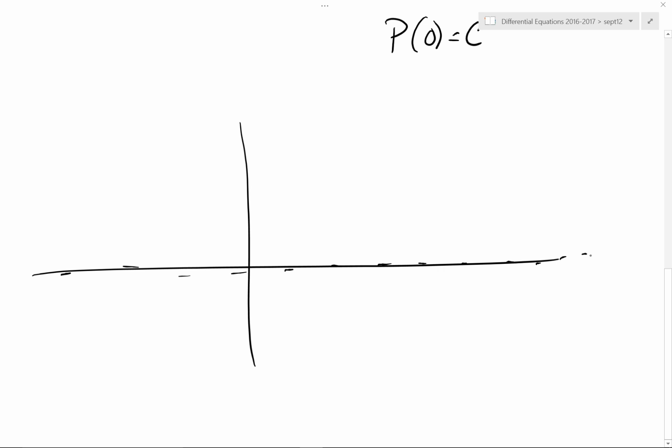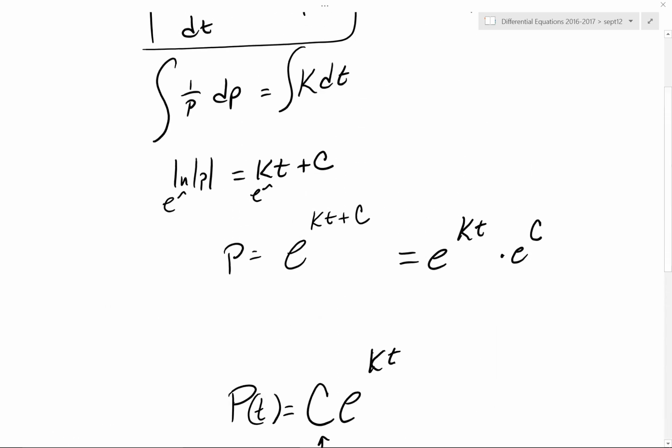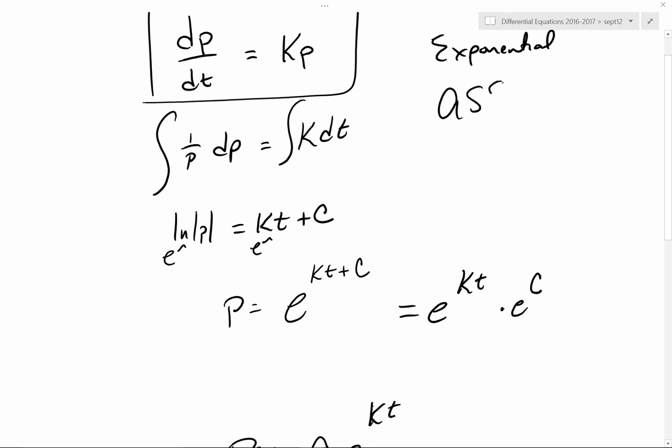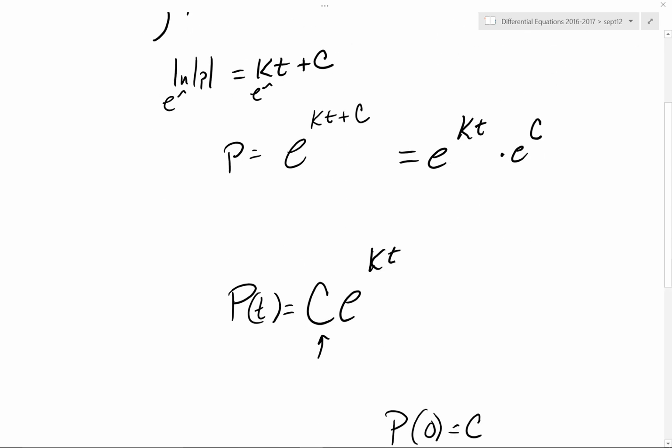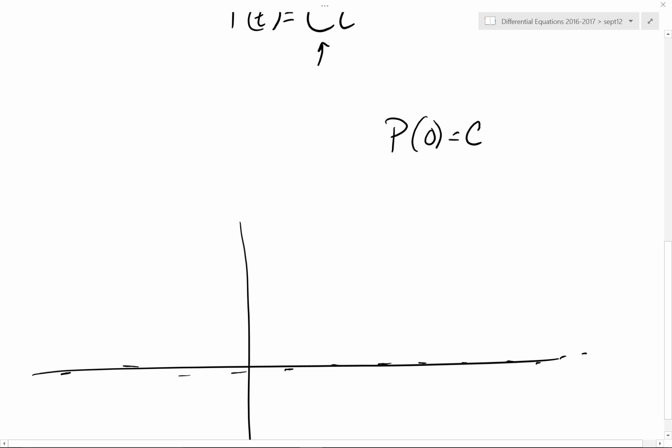What happens if, let's assume that k is greater than 0 for the sake of argument. Therefore, if P is positive, what happens? You get kP. If this is positive and that is positive, then you get growth. Positive slopes.